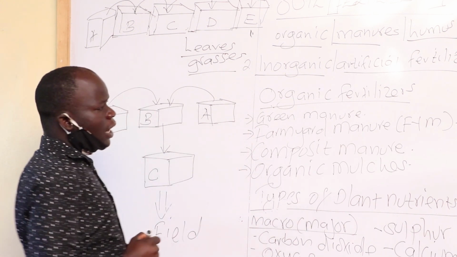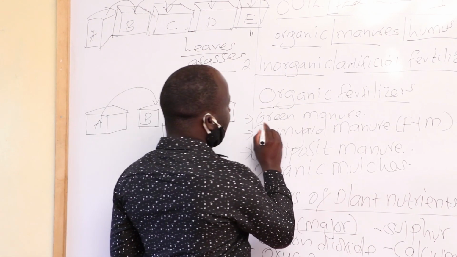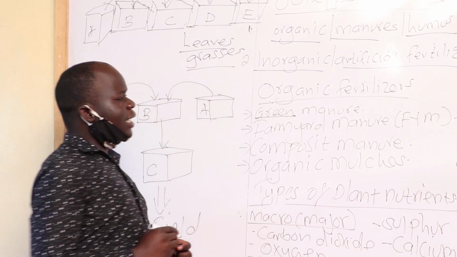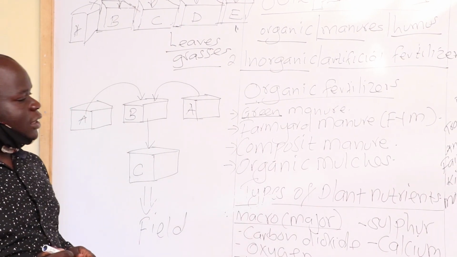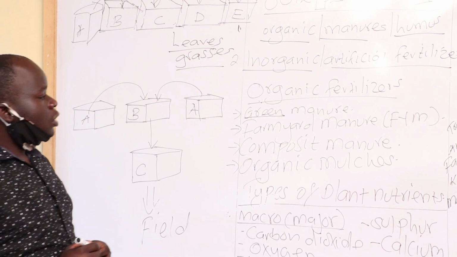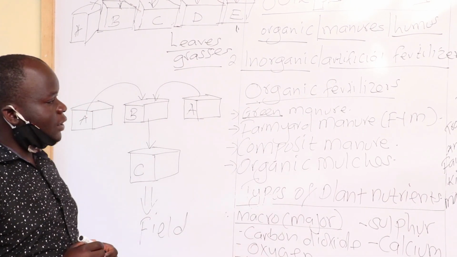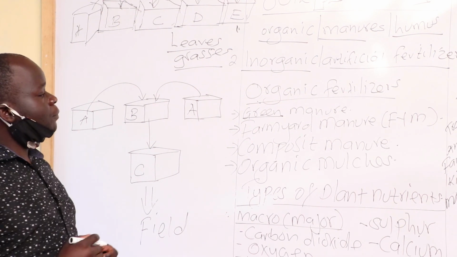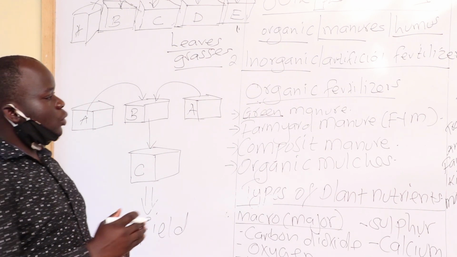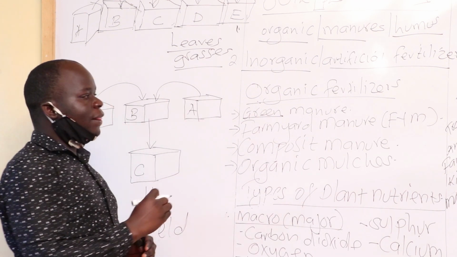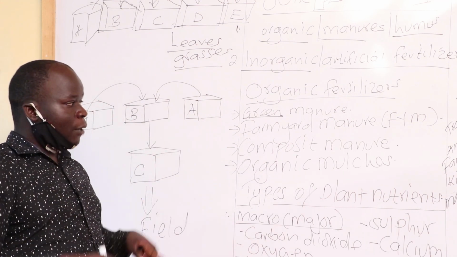So we have got types of organic fertilizers. We have got green manure. From the word green manure, green manure is prepared from green plants. You plant your crops or plants, specific crops of course, and then at the flowering stage, you cut your crops down, and then you incorporate your crops in the soil by plowing.